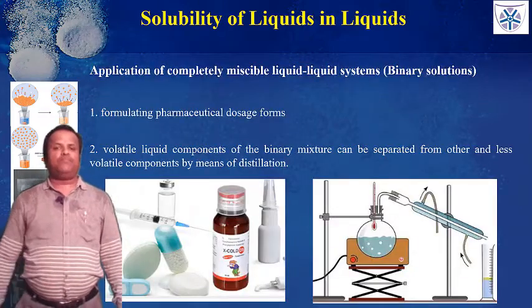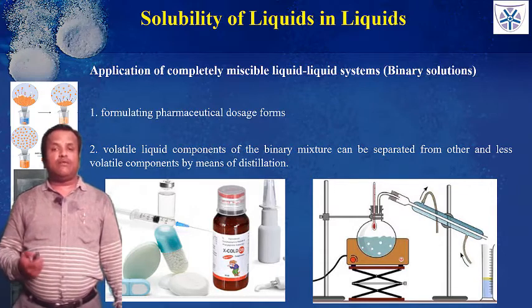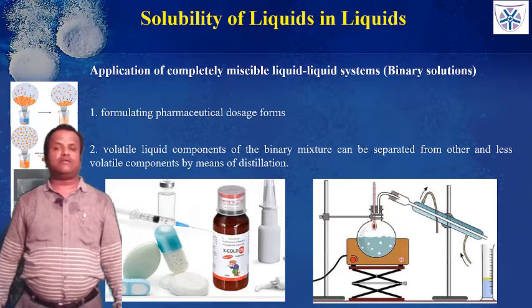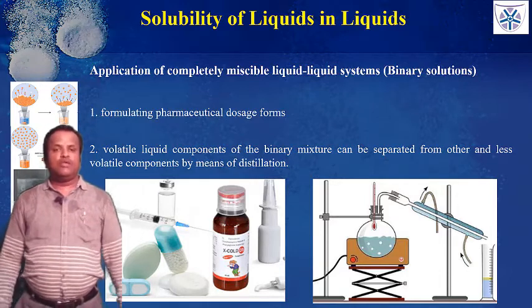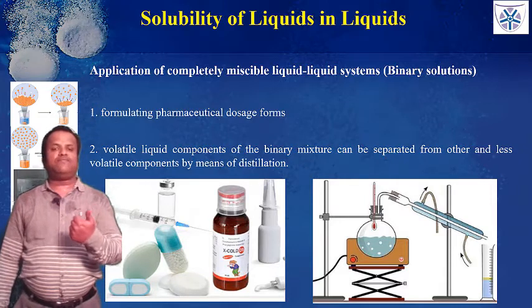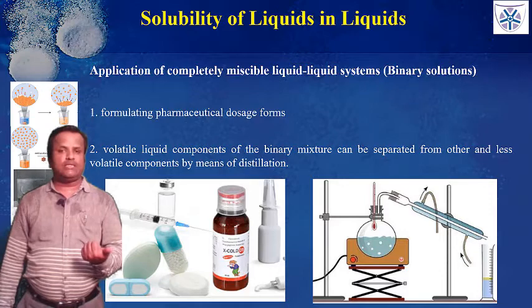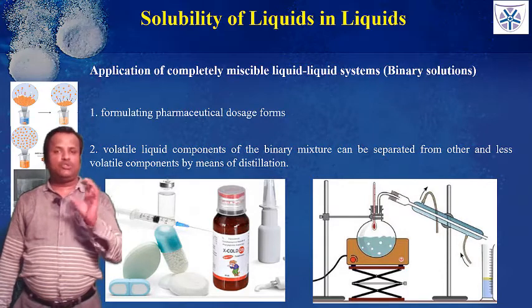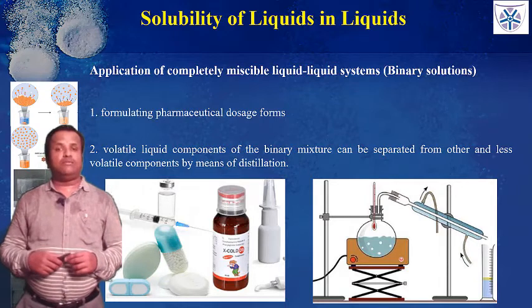So what are the applications of the solubility of liquids in liquids? Applications of a completely miscible liquid-liquid system, a binary solution, right? The first application is in the formulation of pharmaceutical dosage forms in the pharmaceutical industry. So we have to choose the right solvents to mix with each other to form the binary solution.